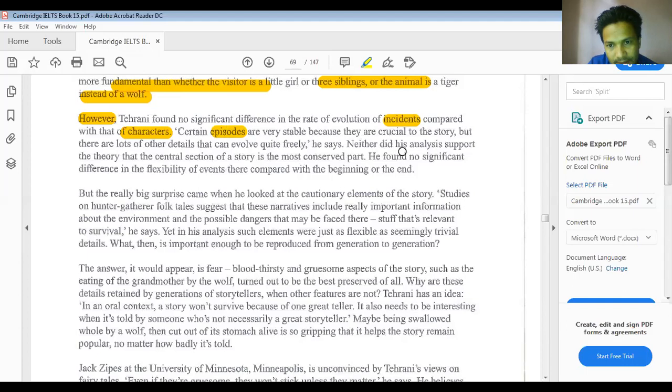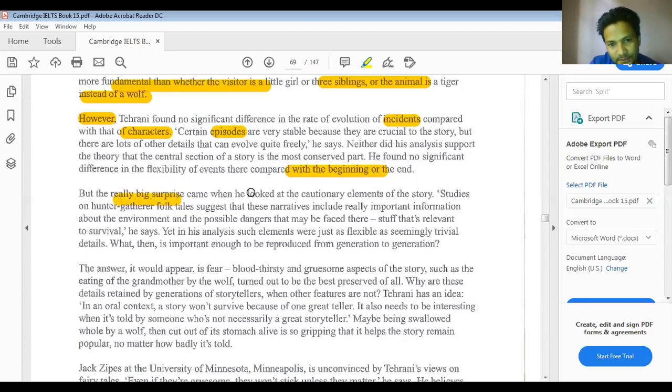Neither did the results generally support the theory that the central section of a story is the most conserved part. They found no significant difference in the flexibility of events compared with the beginning or the end. But the big surprise here is the answer.